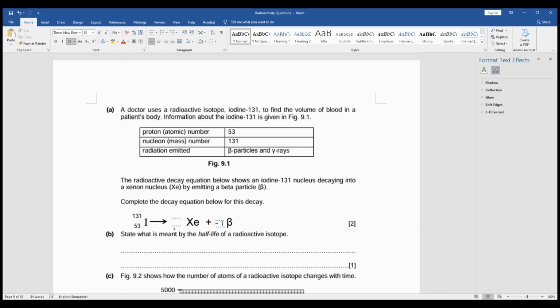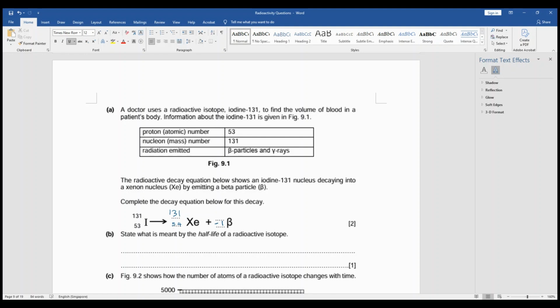The proton number will actually become xenon by emitting a beta particle. So instead of decreasing, it should increase. And there should be no change in the mass number. The mass number will remain the same because one neutron will actually become a proton and kick out this electron. That's what is actually happening. So this is it, 131 and 54.